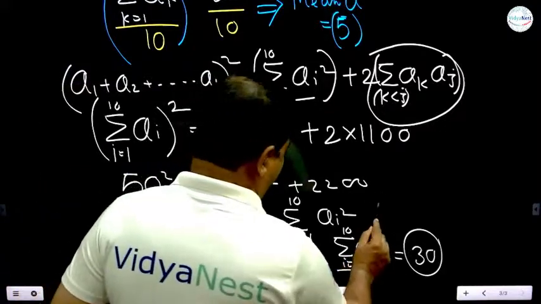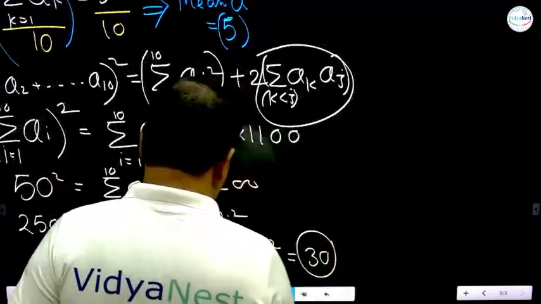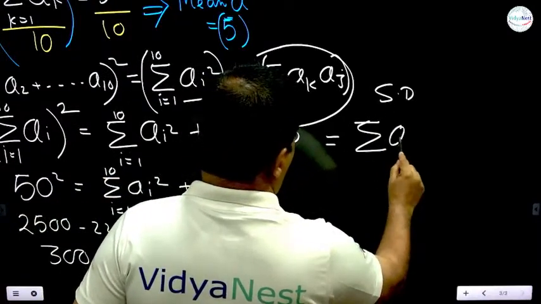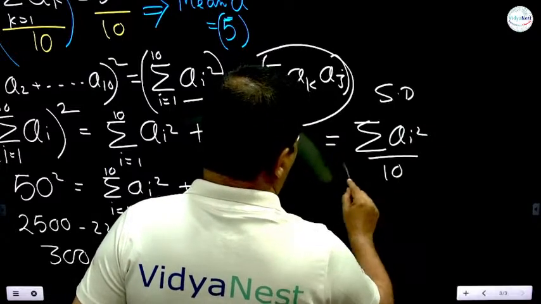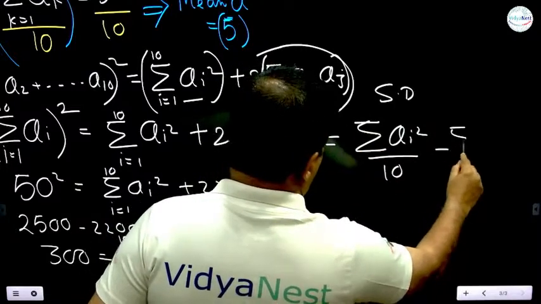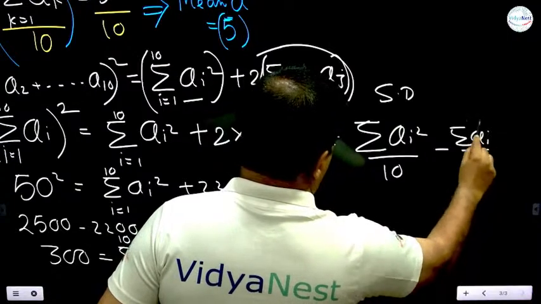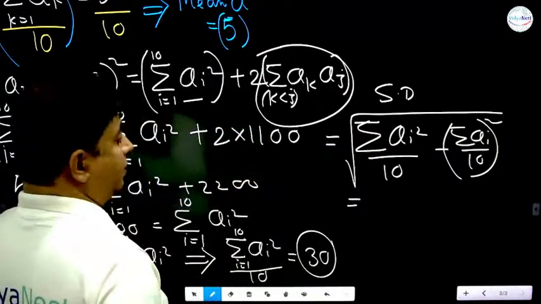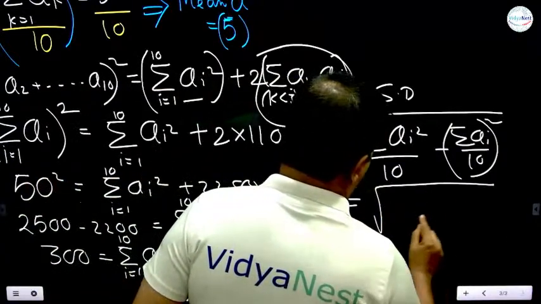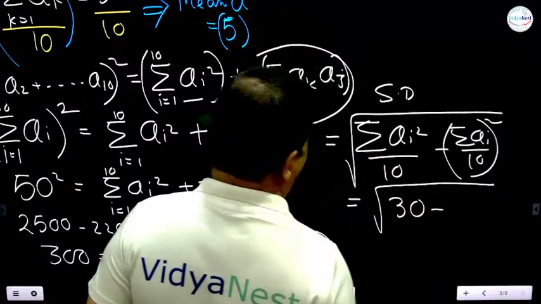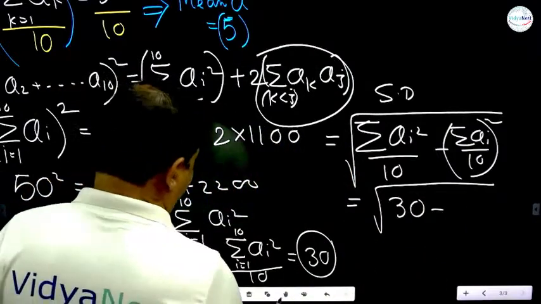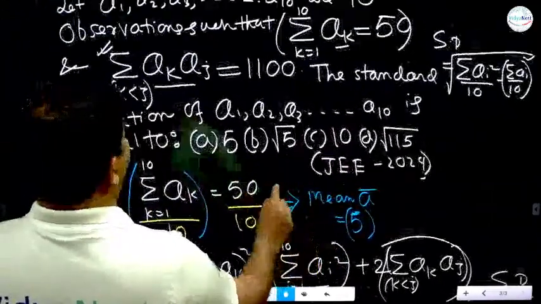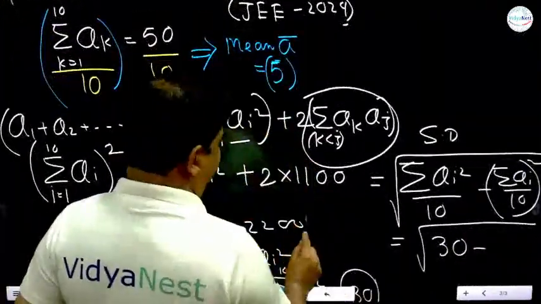Now put it in the standard deviation formula. Standard deviation, SD, is root of summation AI square by 10 minus summation of AI by 10 whole square. This value is 30, and summation of AI by 10, what is given here in the question? 50, or AK, whatever it be.